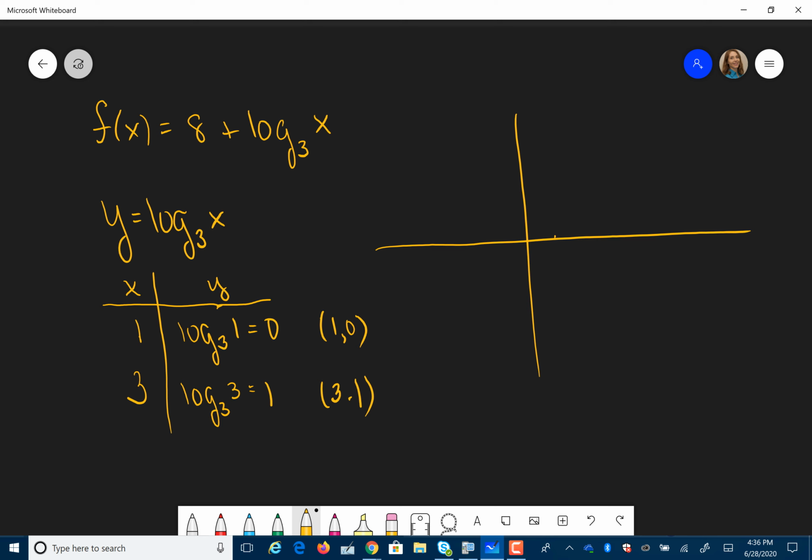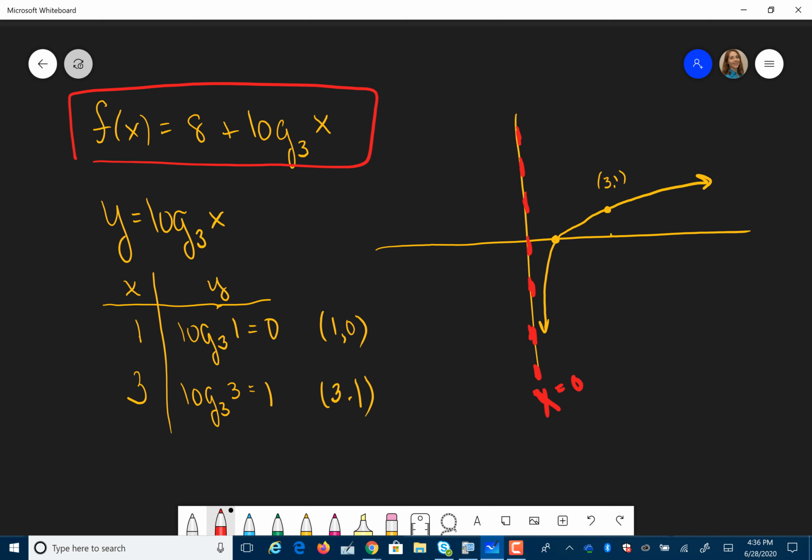So it's going to go through this point right here, and we'll just say that's the point 3, 1. A log function skims along the y-axis, so it has a vertical asymptote here at x equals 0. And so this is the function we want to graph.